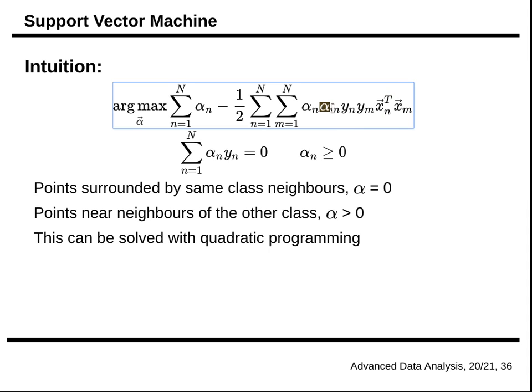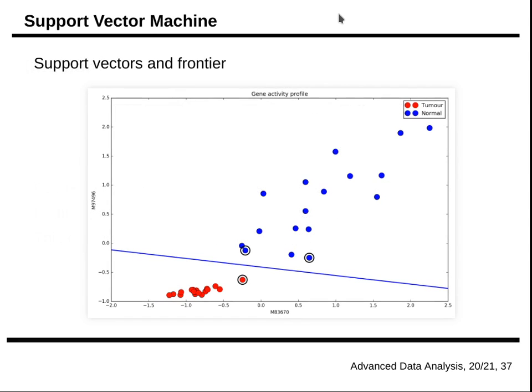But if the points are just surrounded by points of the same class, then the Lagrangian multipliers will tend to go to 0. And this helps us identify the support vectors. The support vectors are the ones that have a non-zero Lagrangian multiplier. So in this case, we have these 3 points with alphas greater than 0, and all the rest will have alphas of 0, because they don't really matter for where the frontier lies.